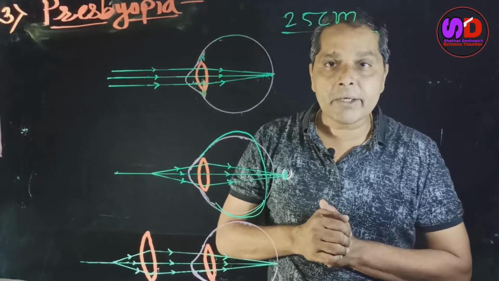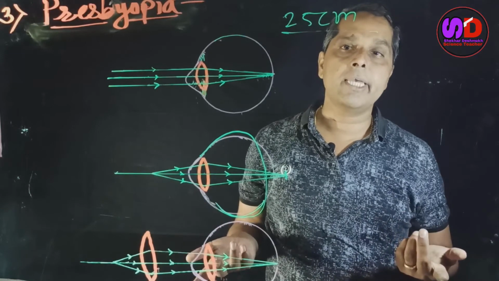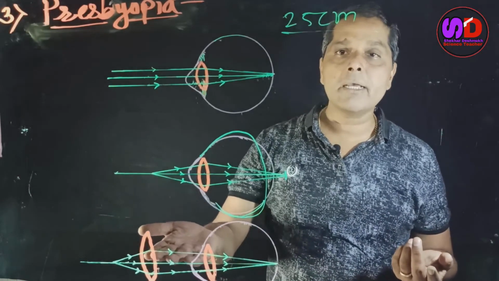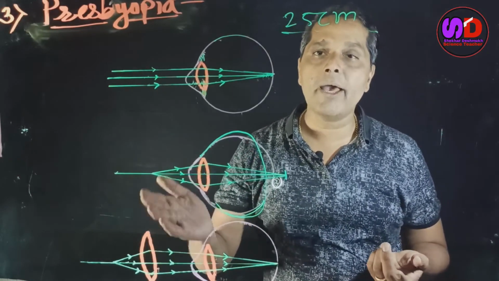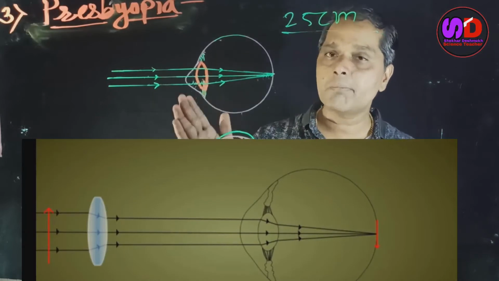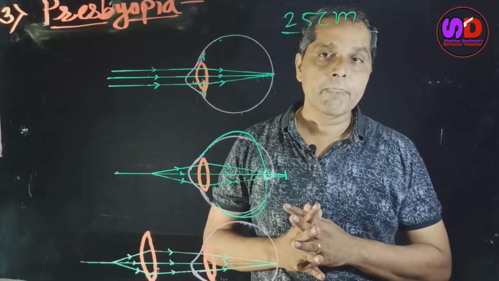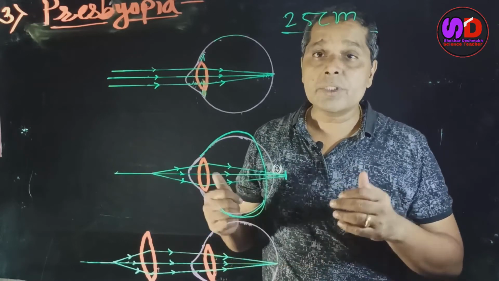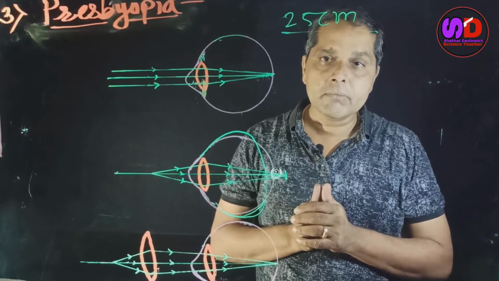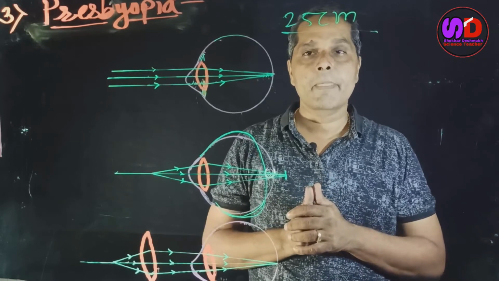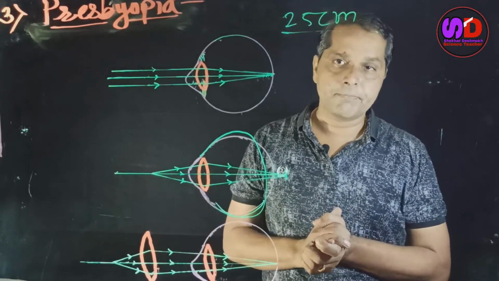So how can it be cured? Same answer, by using a convex lens of appropriate power, presbyopia can be cured easily. So how can the question be asked in the exam regarding this? Again, let us see one example.